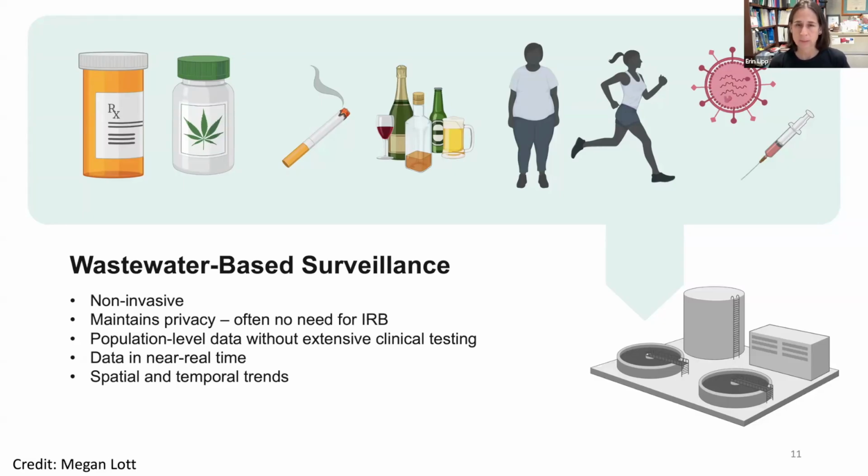It's really frequent. And the way that wastewater treatment plants are set up, you can have a lot of spatial variability and a lot of spatial scale so that you can really see what's happening across different populations in a pretty quick manner. Now, it doesn't get you to the individual. You can't say X person was sick or needs to be isolated or quarantined. It really is a population level metric.